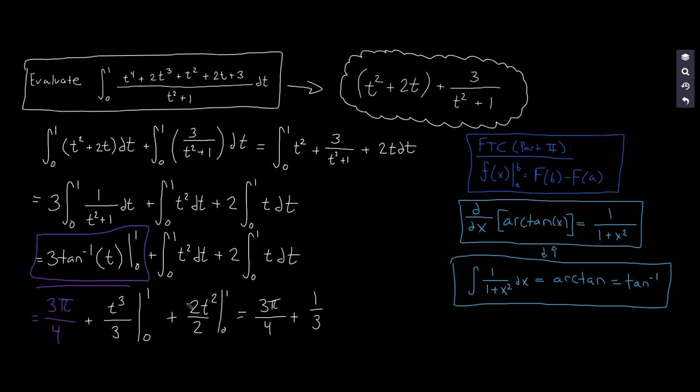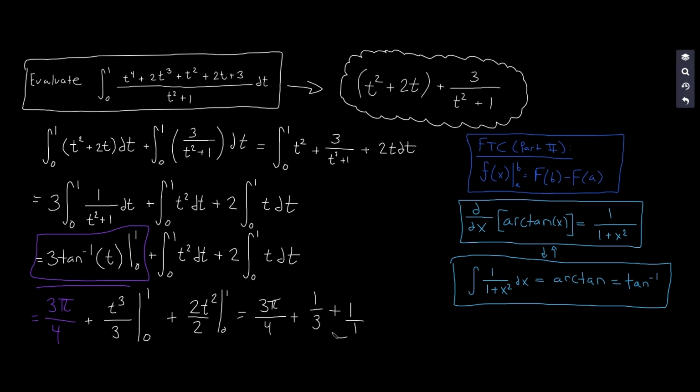This is a form of 1 here, so really what this is just t squared evaluated from 0 to 1. And if we evaluate t squared from 0 to 1, it's going to be 1 squared minus 0 squared, which is going to equal 1. So we'll have plus 1.